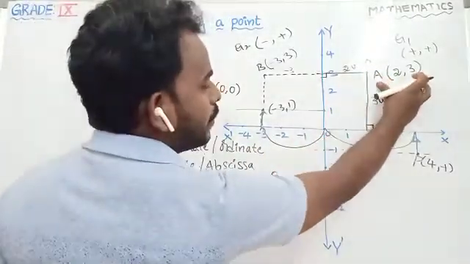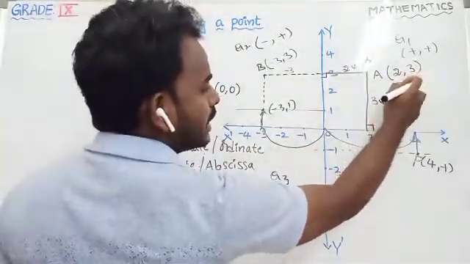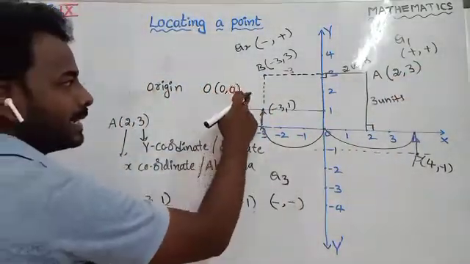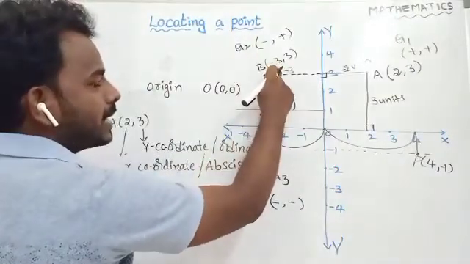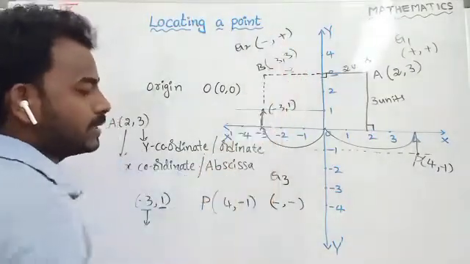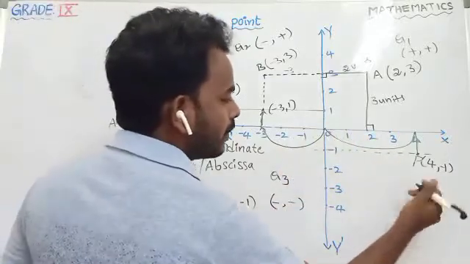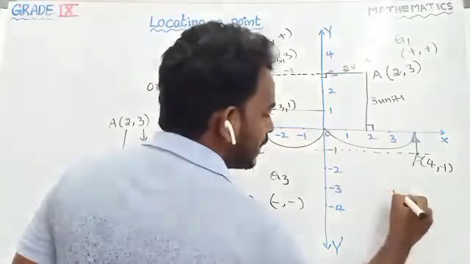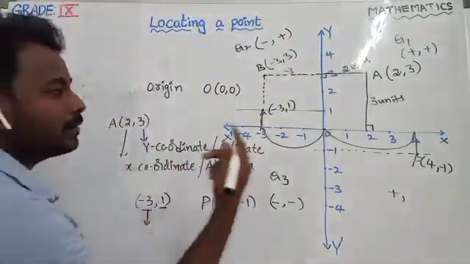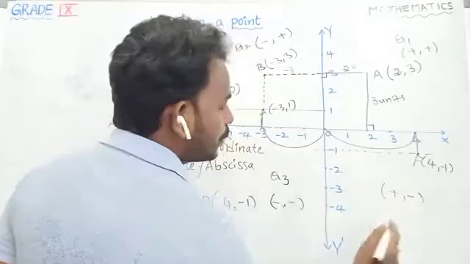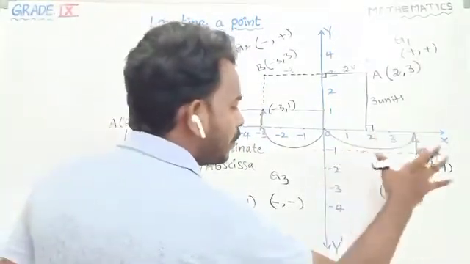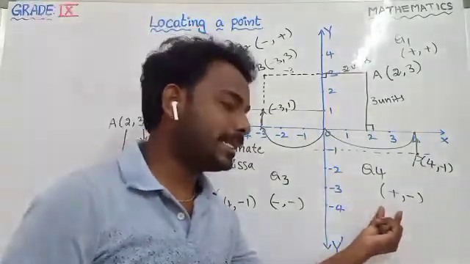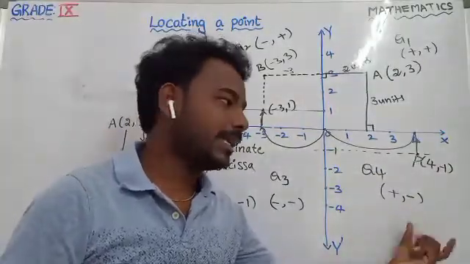Point A lies in quadrant 1, so you can check both are positive, and point B lies in quadrant 2, so you can check the x coordinate is negative and the y coordinate is positive. Coming to quadrant 4, the x coordinate is positive and the y coordinate is negative. You can check that all the points in quadrant 4 have a positive x coordinate and a negative y coordinate.